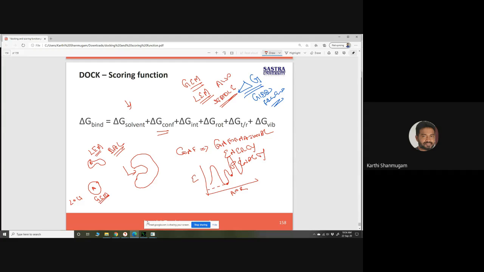Even though A is the global energy minimum conformation, it cannot produce the biological response. Only conformation B can produce the biological response. Now the energy difference between B and A is what is called the conformational energy penalty. What does it mean? If you have 100 molecules, most of the molecules will be present in conformation A because it has the lowest energy.